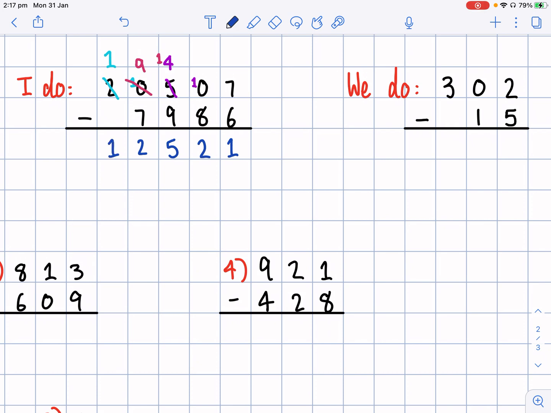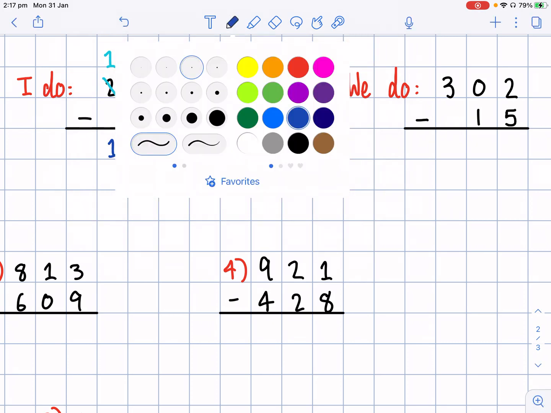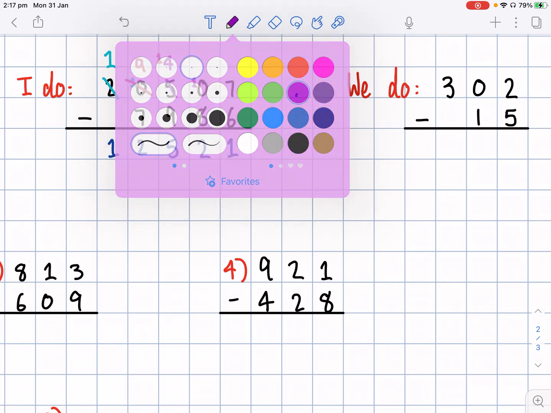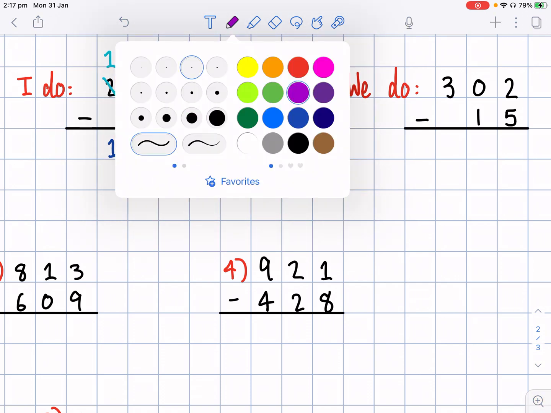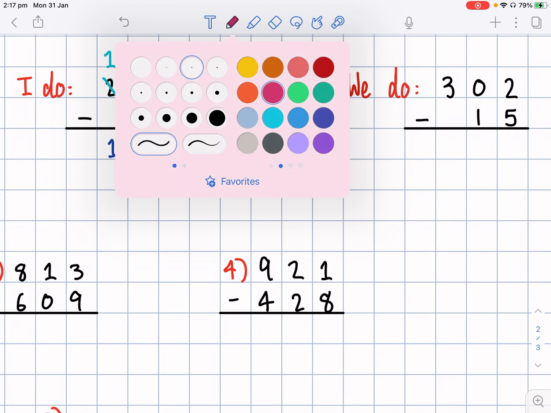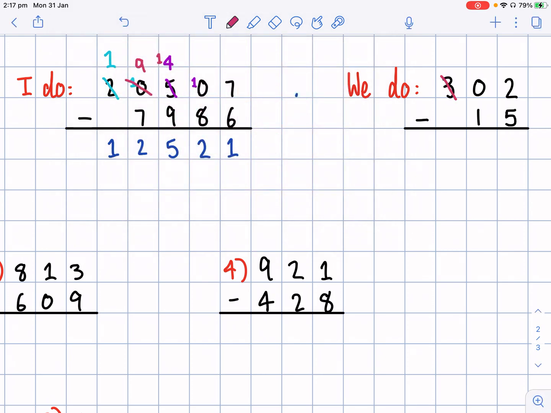I want you to have a go at this next one. 302 minus 15. These are the hardest types of ones you'll get, where you'll have to borrow a few times in a row. They're difficult. All right, ready? Okay, 2 minus 5. Can we do that? No. So we borrow. Can we borrow from a 0? No, we can't. Fine. So this 3 is going to become a 2. This 0 is going to become a 10.